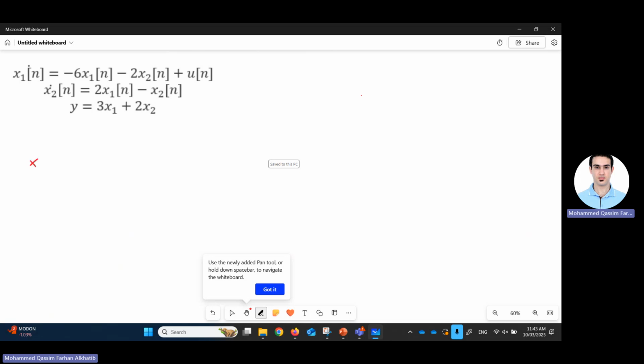So x1 prime equal negative 6x1 of n minus 2x2 of n plus u of n.